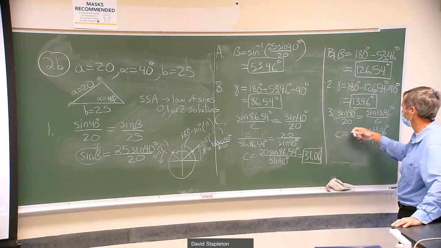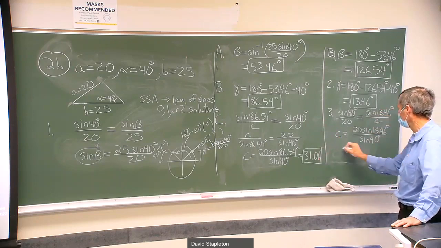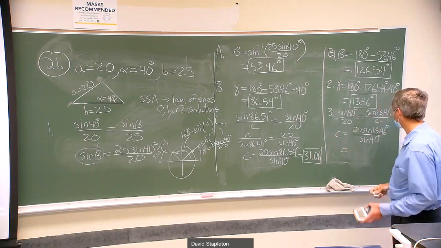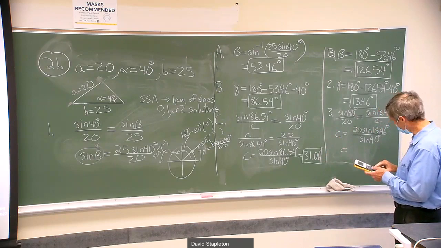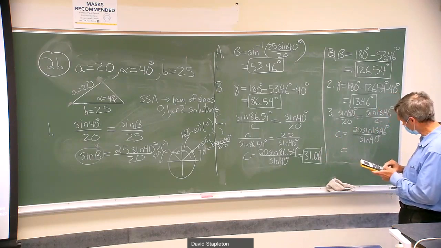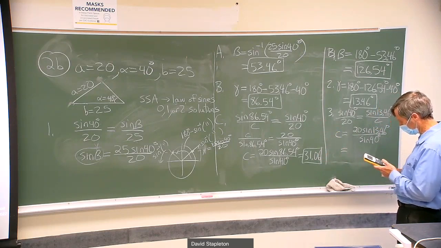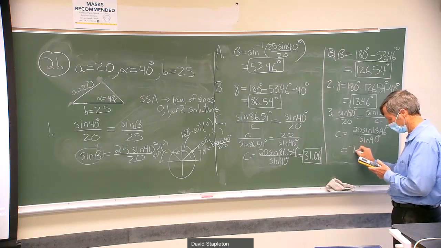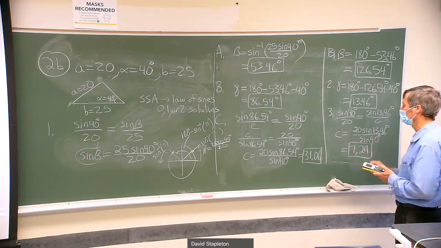You take reciprocals again and then multiply by sine 13.46. Let's see what we got. 20 times sine 13.46, divided by sine 40, gives us 7.42. It's 7.24, excuse me. There it is, it's all solved.